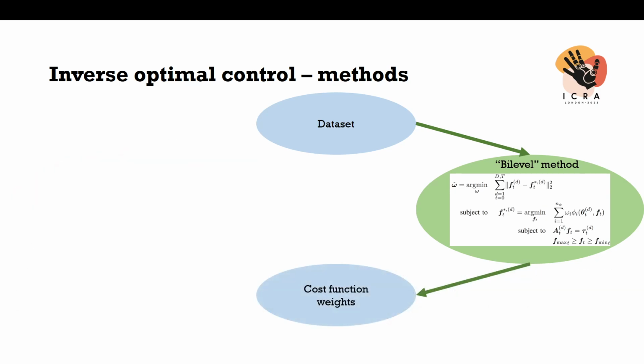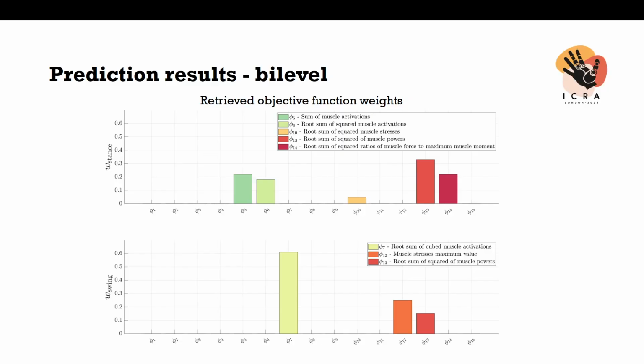So I'm going to further present to you the results of the cost function weight identification with the bilevel method, as well as the muscle force prediction that we obtain. The weights are generally in both the stance and the swing phase of the gait, which the weights are mostly in the muscle activations, here on the norm 1 and norm 2 in the stance phase, and on norm 3 in the swing phase, and on muscle power in both cases, which indicates that the central nervous system actually uses the state.